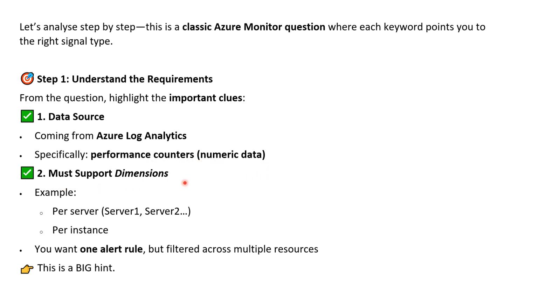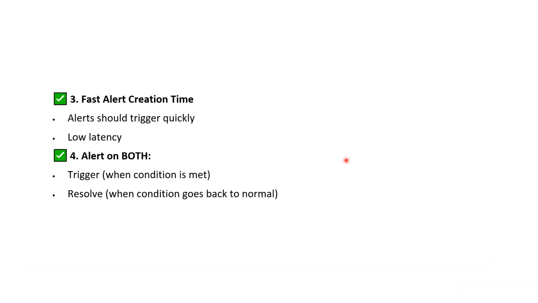It must support dimensions, for example per server, server 1, server 2, per instance. And you want one alert rule but filtered across multiple resources. So this is a big hint, right? Then fast alert creation time. The alert should trigger quickly, low latency, and both trigger when the condition is met and resolve when the condition goes back to normal.